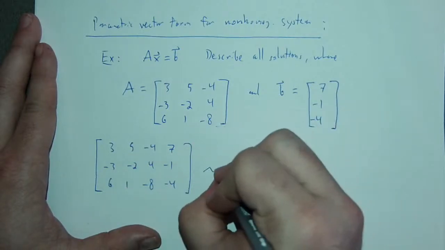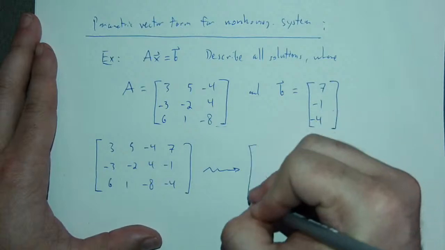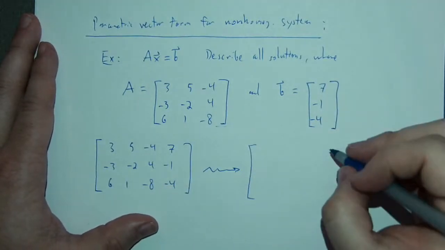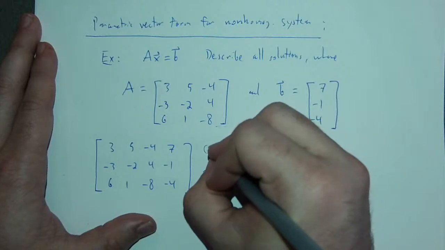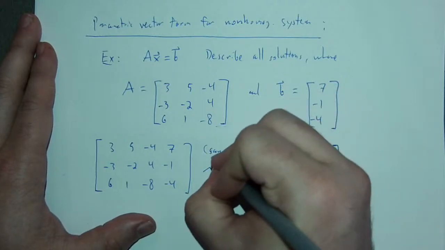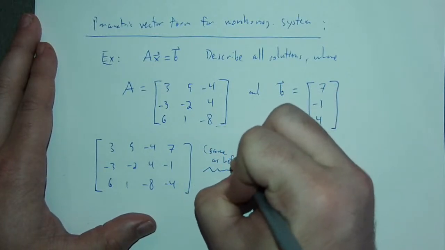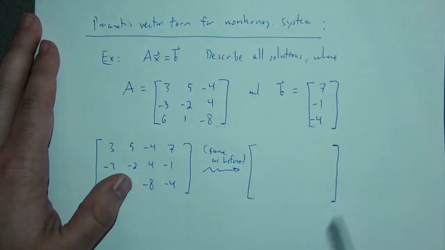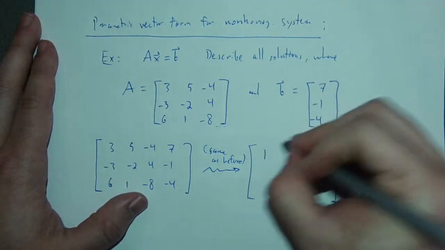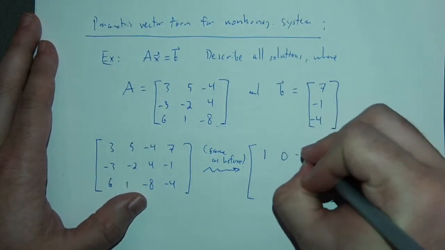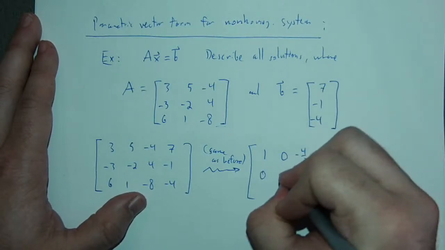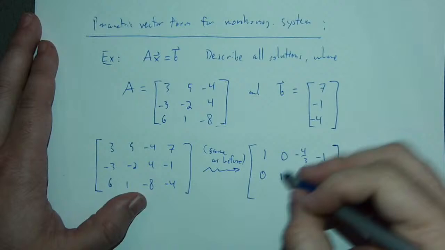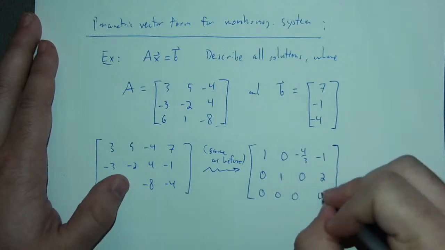If I use the same exact row reduction operations I used before, since it's the same coefficient matrix, I just have to keep track of what happens in the b. So this gives me 1, 0, minus 4/3, minus 1, 0, 1, 0, 2, and then a row of zeros.